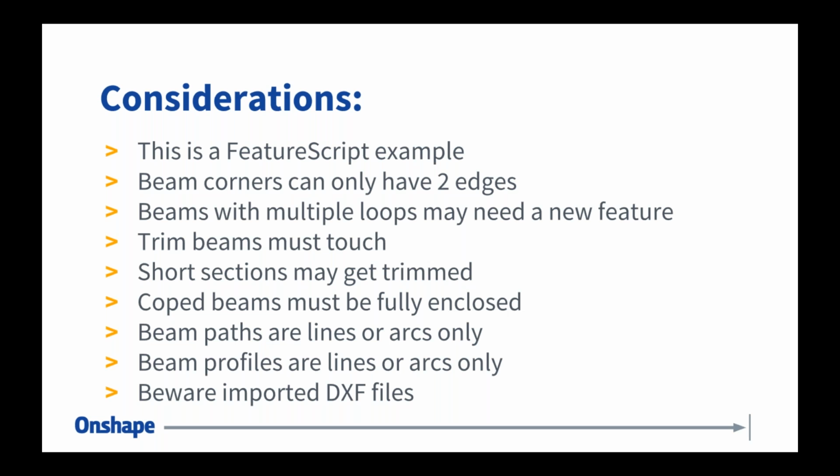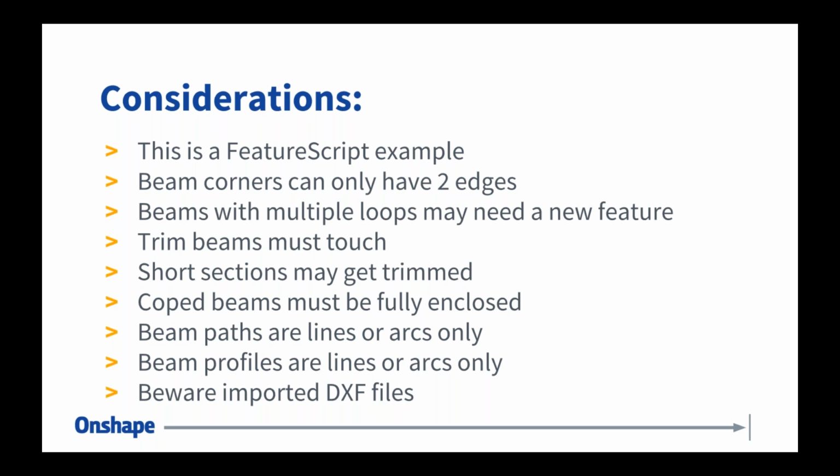Trim beams must touch. Like I mentioned there, for a trim to work, it actually has to physically touch the other beam. There is an issue with regards to short sections that may get trimmed, because to actually get this feature to work, I had to make an educated guess of which of the short pieces get removed when we're doing trimming.